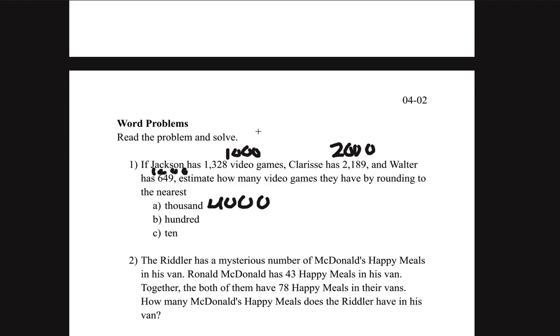Now let's move on to the hundreds. Since 28 is below 50, we do 1,300. Since this is also below 50, we're going to round to 2,100. Actually, it's above 50, so it would be 2,200, sorry.